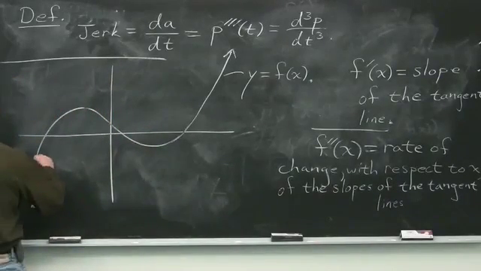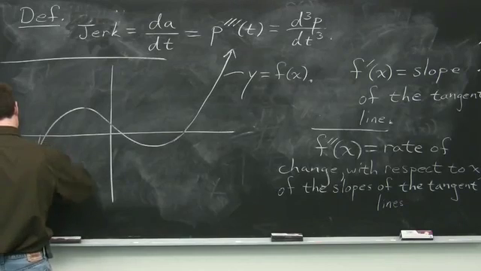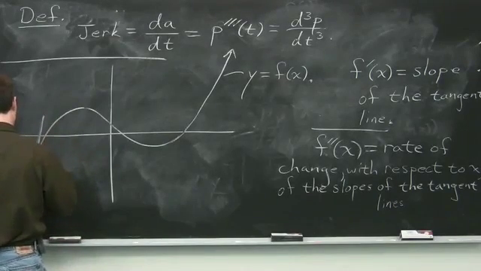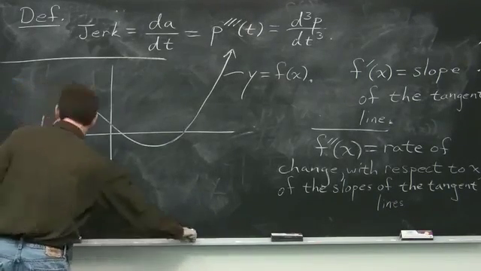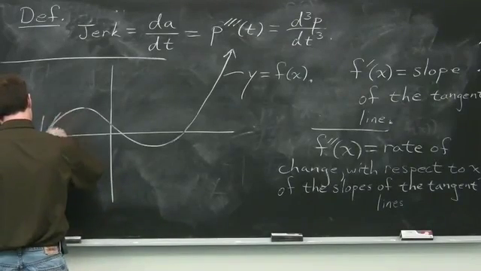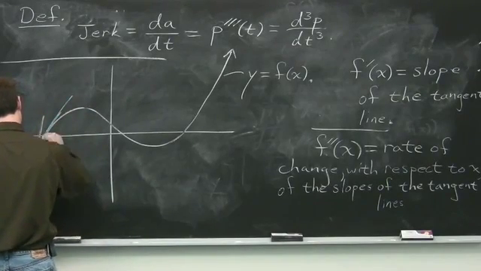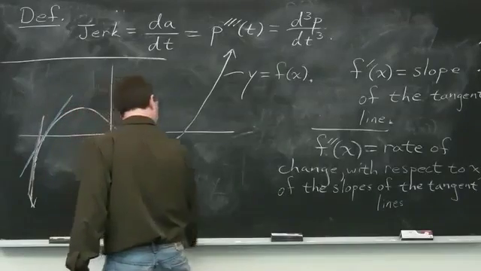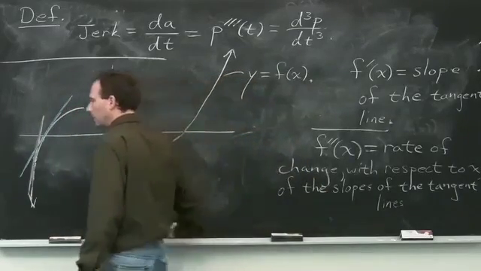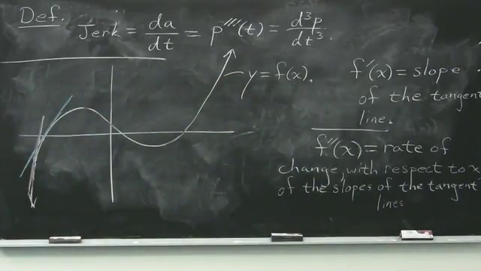So let's look at it. I'll sketch in little pieces of tangent lines. Maybe I'll switch colors so that you can tell more easily where they are without bumping into things. Let's try yellow.